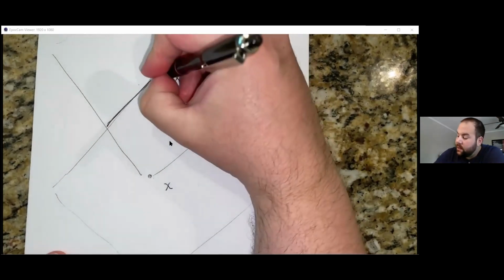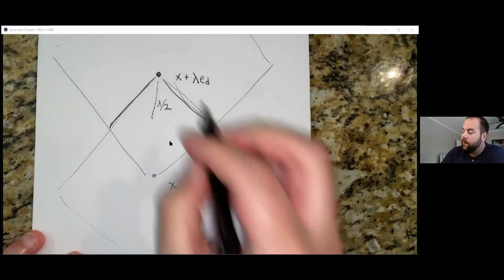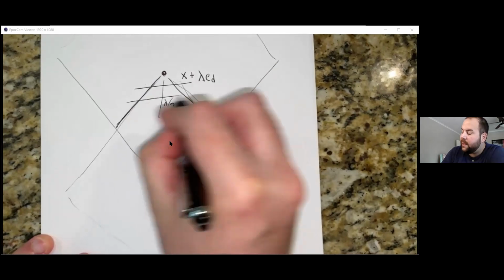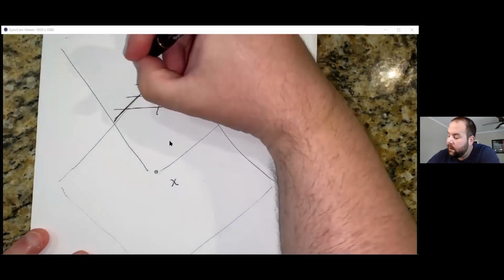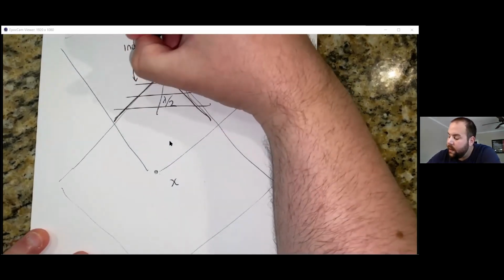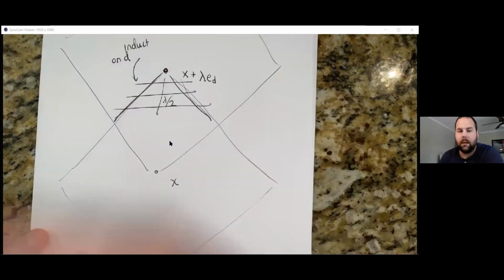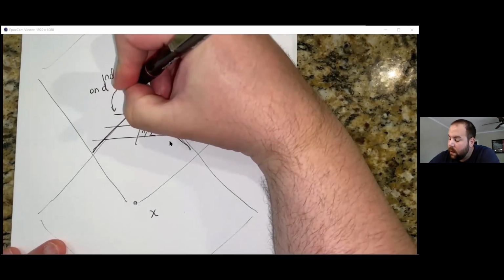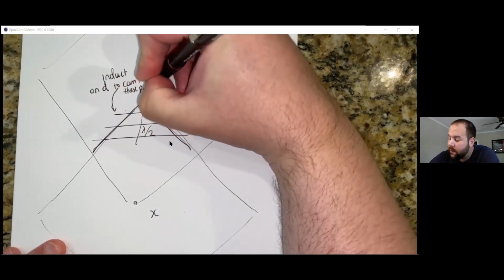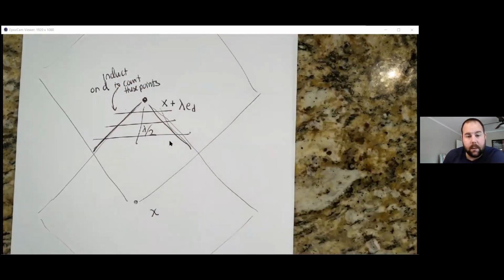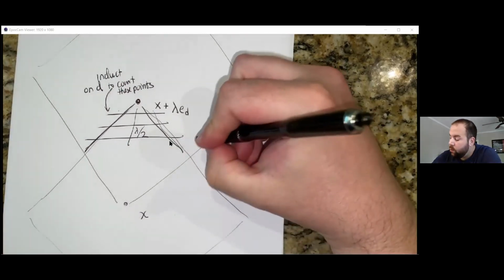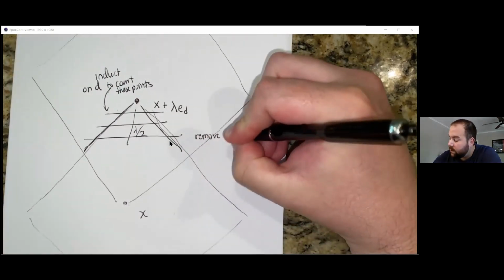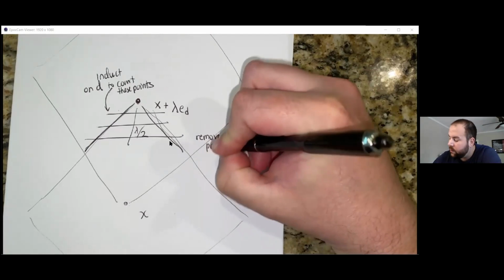And then because you have this point at the North Pole, you can just look at the level sets on this upper hemisphere. And you can induct on D to count these points, assuming you've already done the problem in dimension D minus 1. Then if you remove these points, why would I remove those points?